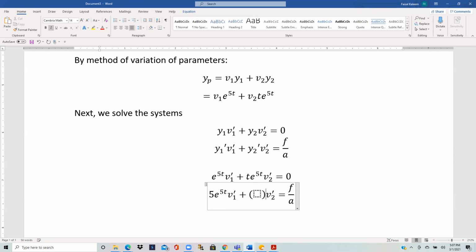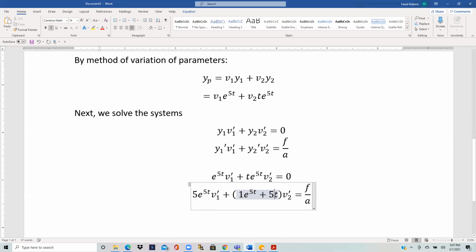The derivative of t is 1, so we have 1 times e to the 5t, plus we keep the t, and the derivative of e to the 5t is 5e to the 5t.